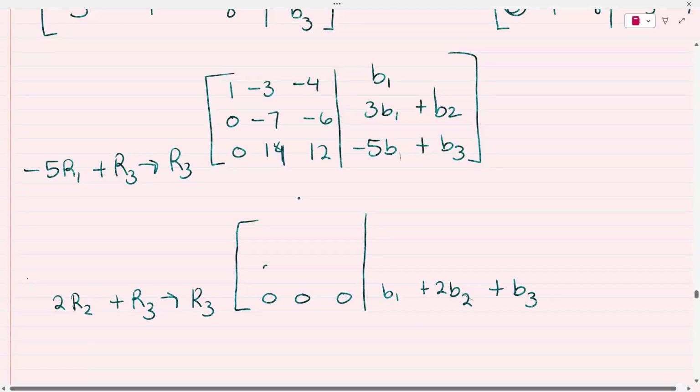And then over here you get 0, -7, -6, and then you get 3B1 plus B2, and you get 1, -3, -4, and you get B1.